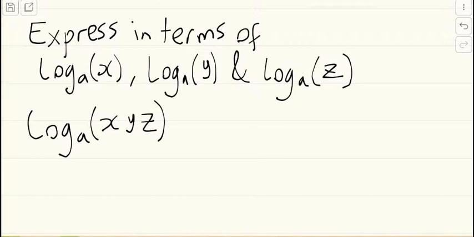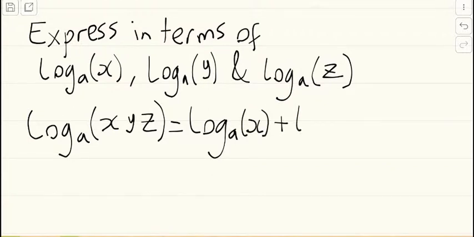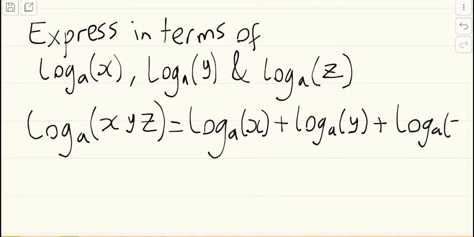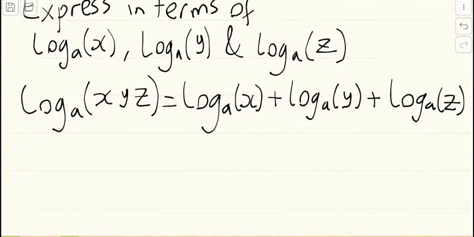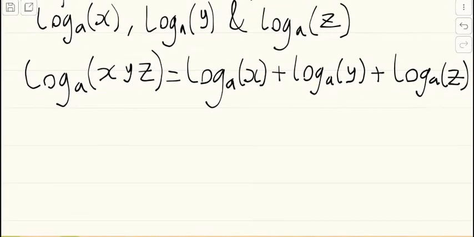Using our laws of logs, we're going backwards to say that this is the multiplication law, so we can rewrite this as log to the base a of x plus log to the base a of y plus log to the base a of z. Okay, that's just the starting example.